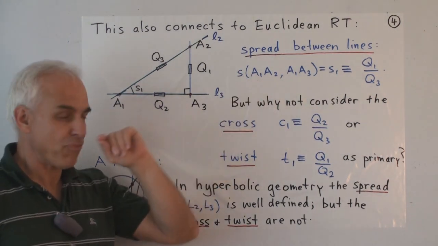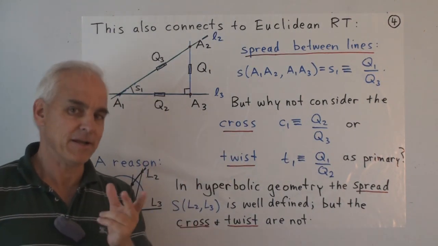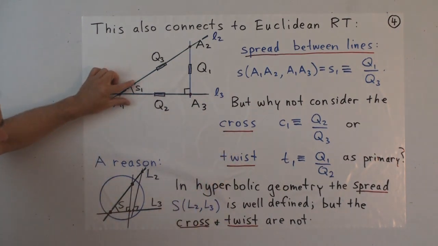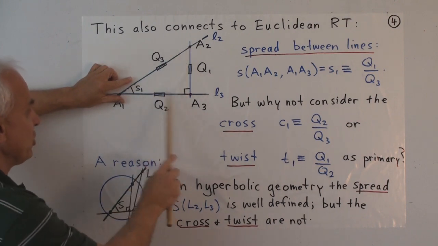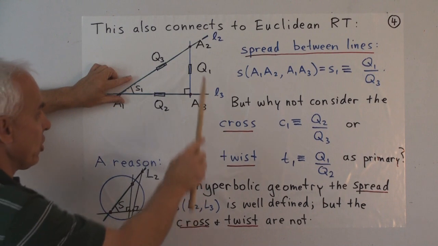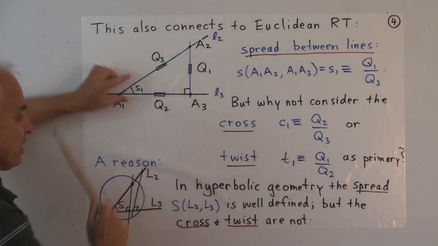The spread is the primary quantity, and the cross and the twist are secondary quantities. So what is the cross? The cross here, at this vertex, is Q2 over Q3. It's that ratio, adjacent over hypotenuse. And the twist is the ratio Q1 over Q2, opposite over adjacent.